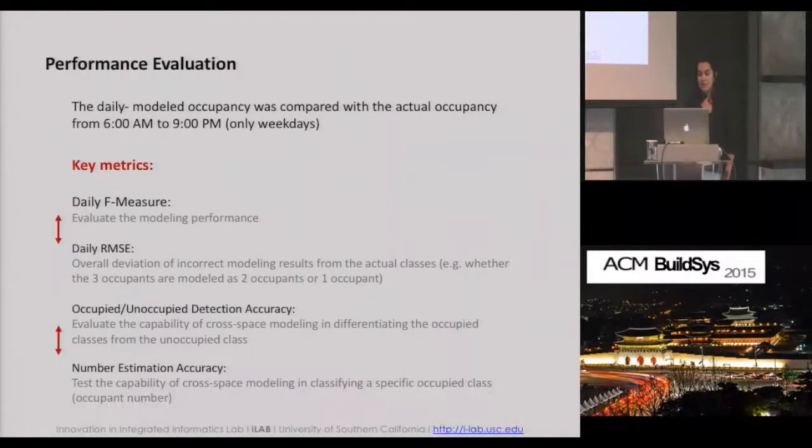So not only to investigate how many times the model could generate correct occupancy outcomes, but how far the outcomes deviate from actual occupancy if modeled incorrectly. And then we looked into occupied, unoccupied detection accuracy and compared it to the number estimation accuracy to investigate whether binary occupancy detection and multi-level number estimation were correlated.